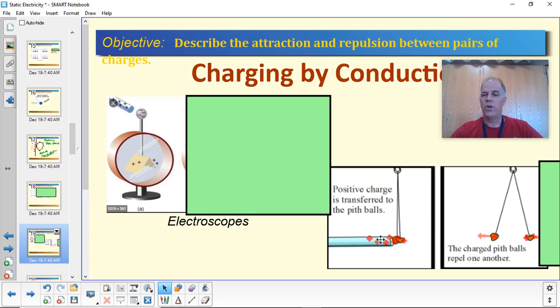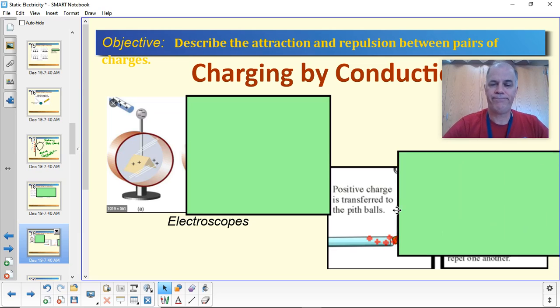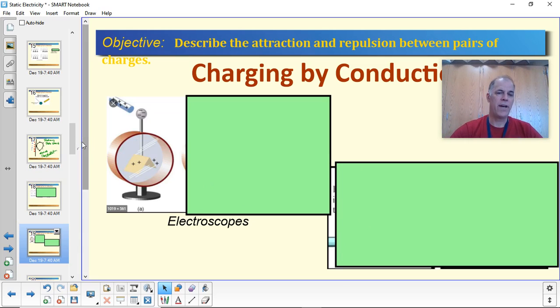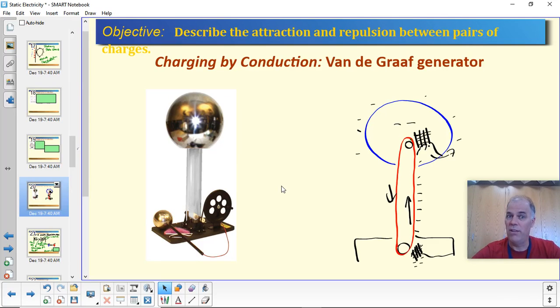So we are conducting a charge to the cork, and as a result, the two pieces of cork repel each other. Charging by conduction.